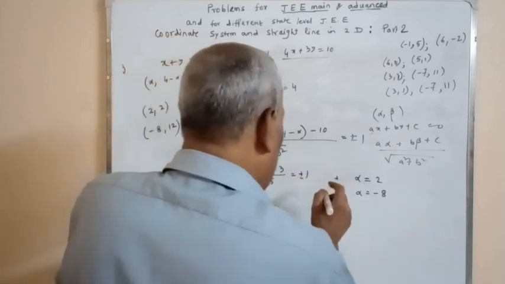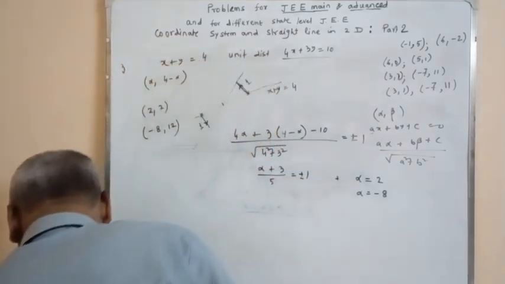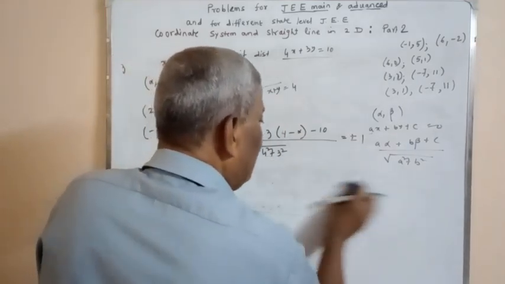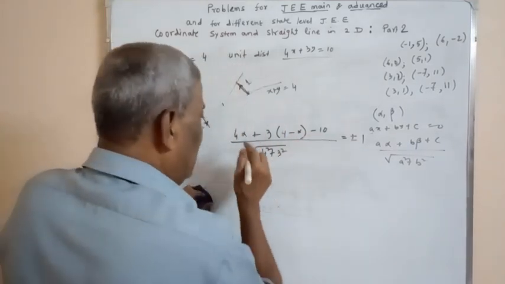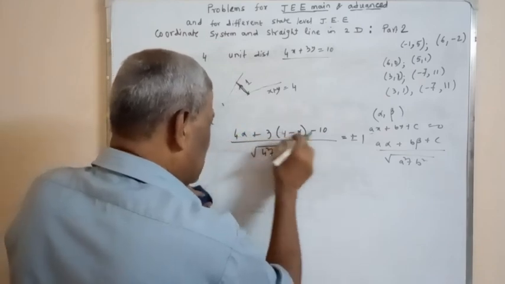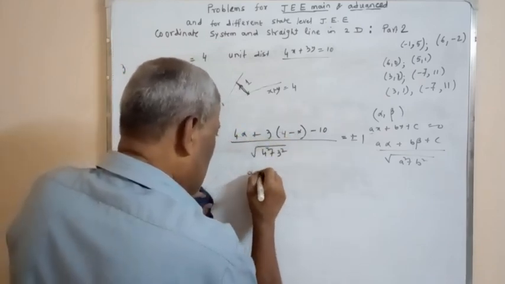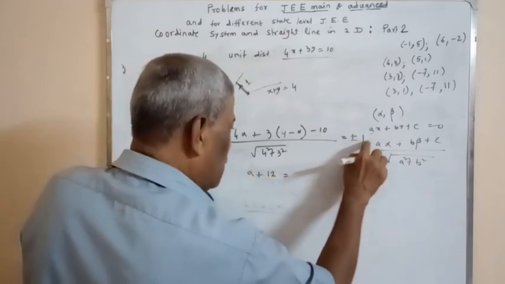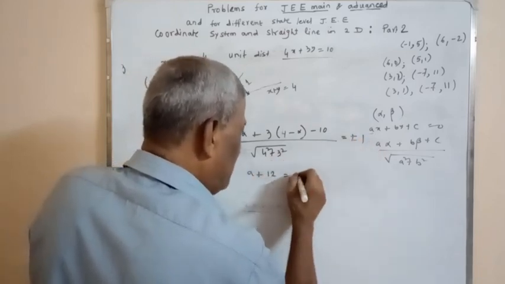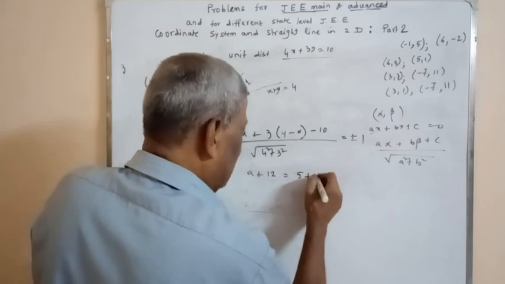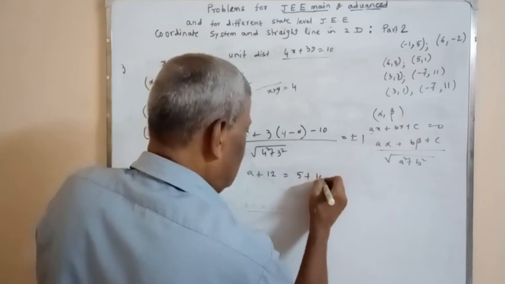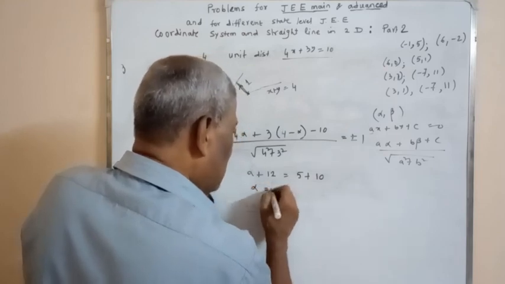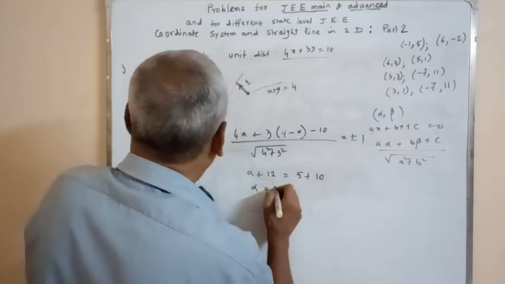So using the positive sign, alpha plus 12 is equal to plus 1 into 5, plus 10. So alpha is equal to 15 minus 12, that is 3.